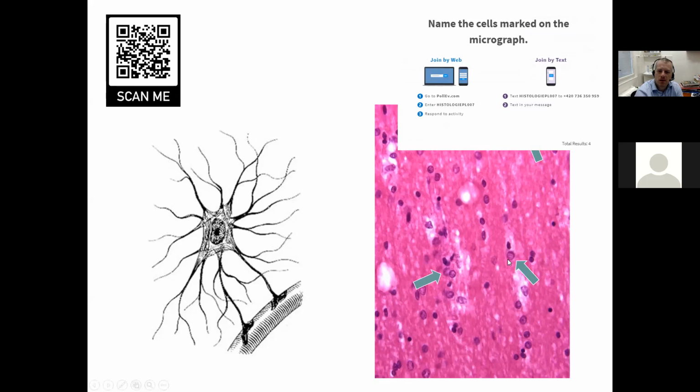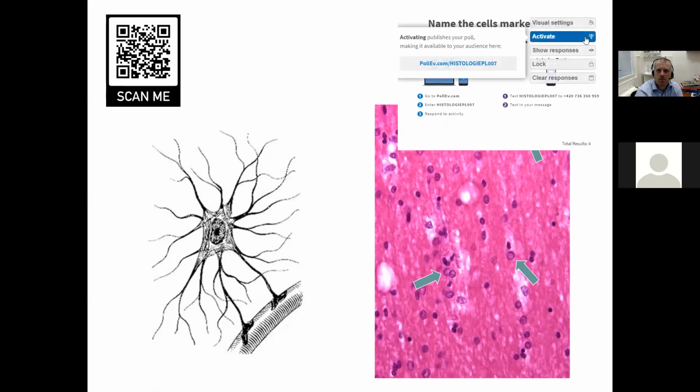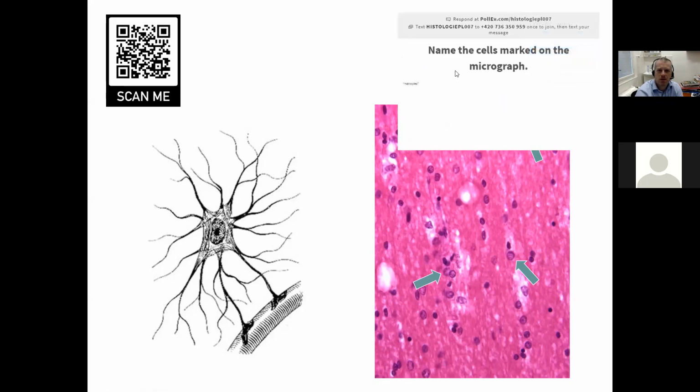So these clear nuclei with the light euchromatin. So let me check the first responses. So yeah, most students believe it's an astrocyte. That's perfectly correct.